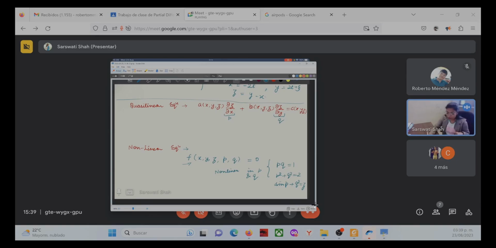So for the curve drawn passing through the point x, y, z, the tangent at x, y, z will be nothing but the derivative of this position vector.